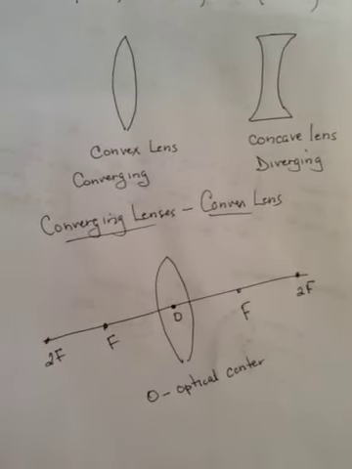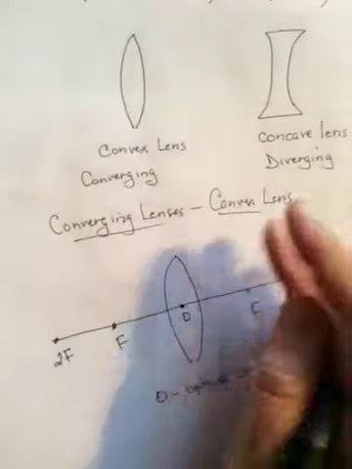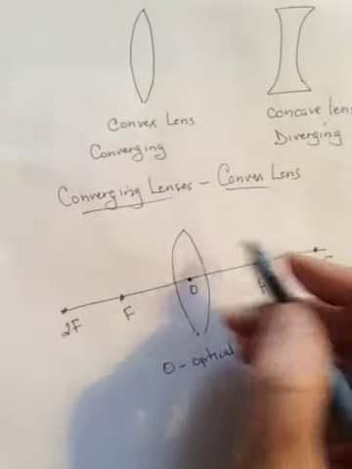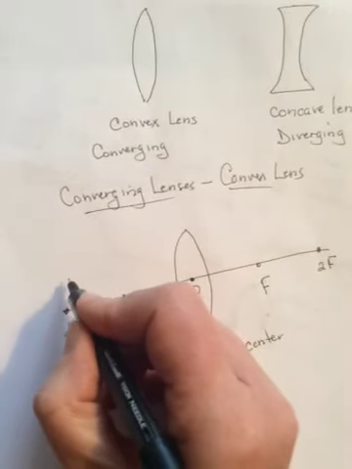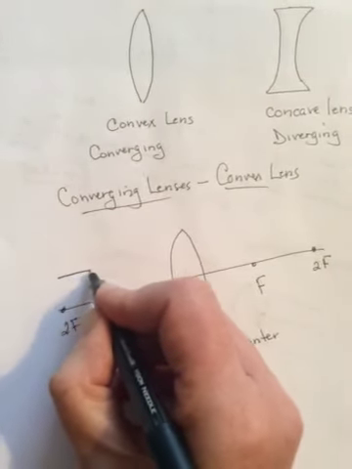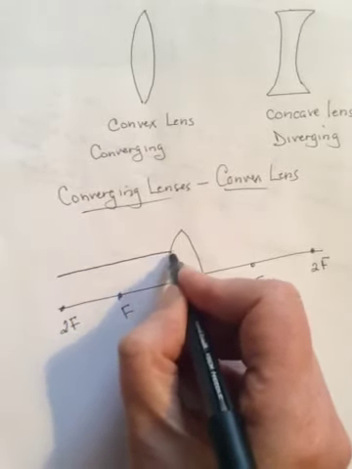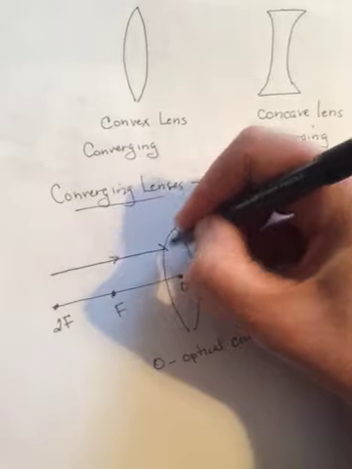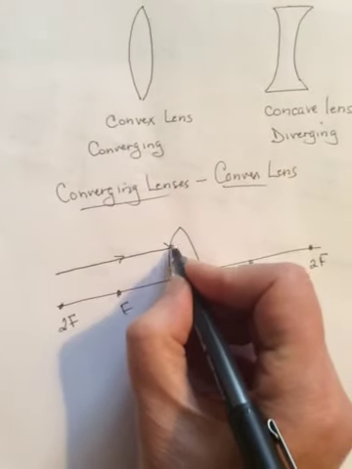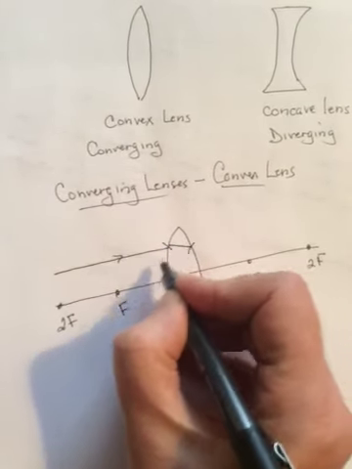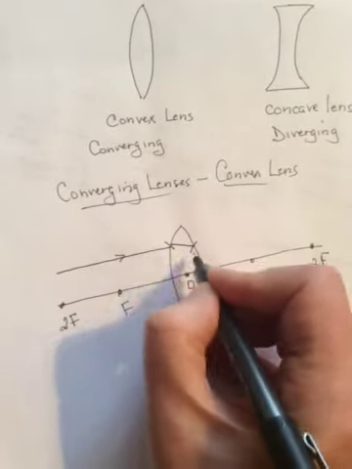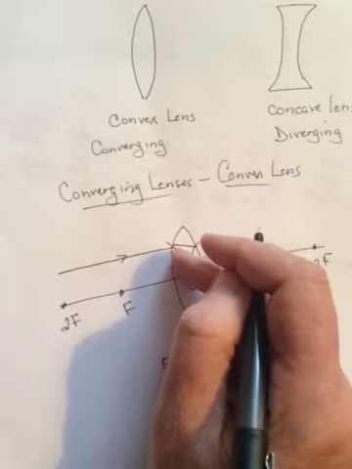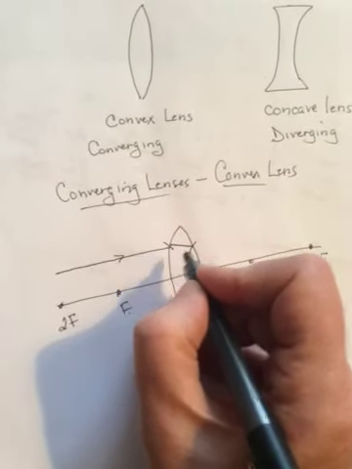Now, this is a converging lens, and it's because we're going to have three rays that we can use to locate objects. One of them is a ray that goes in parallel to the principal axis. This time it's going to refract through the lens, so it's actually going to pass through. And I'm drawing these little lines. These are the normals, because remember when you go from less to more, LM, it bends towards the normal.